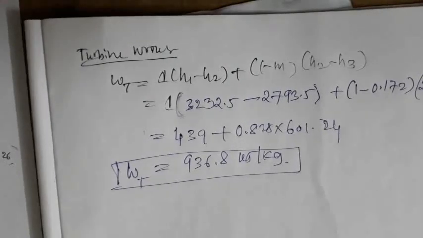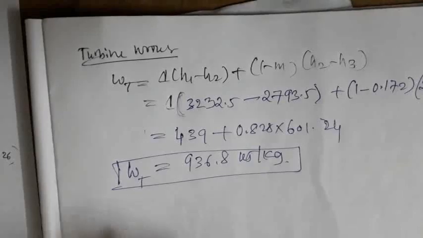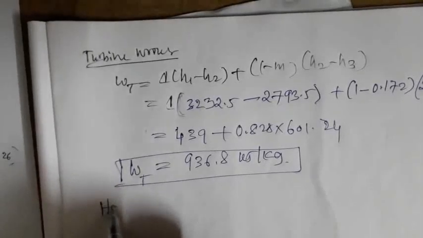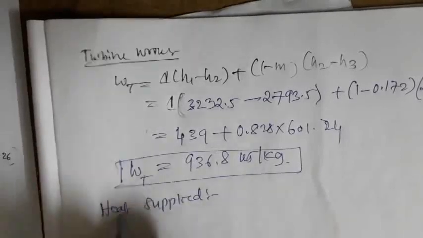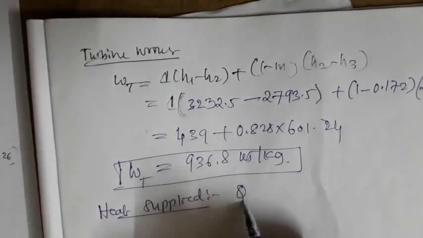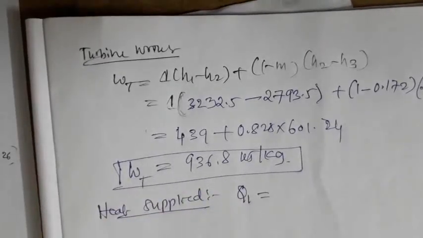So now let's calculate the heat supplied for the calculation of thermal efficiency. That is Q1, where we are supplying heat inside the boiler.